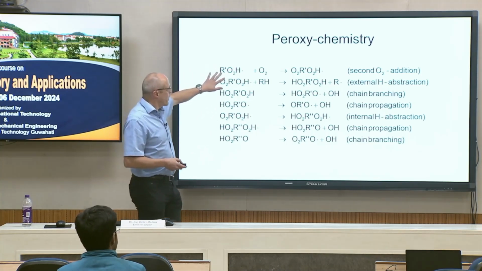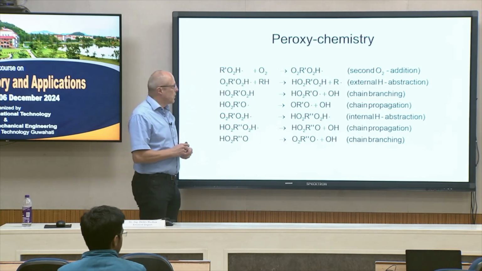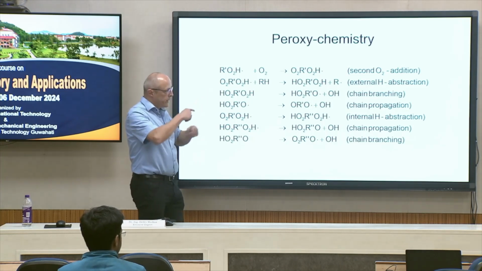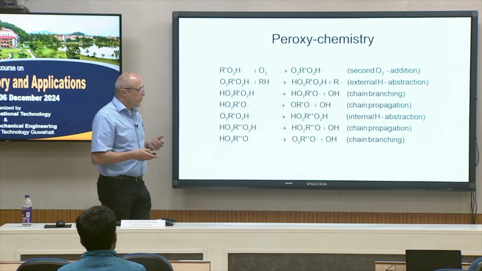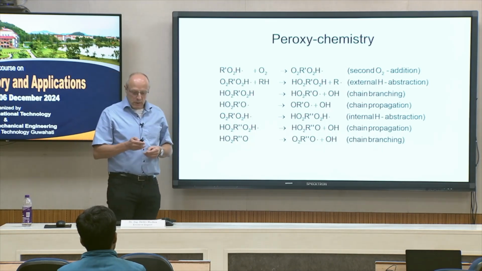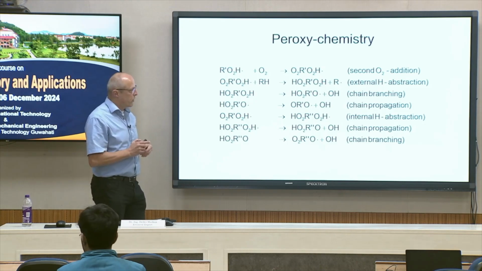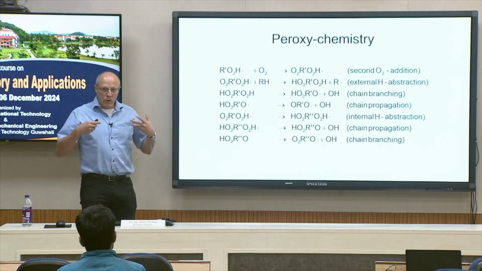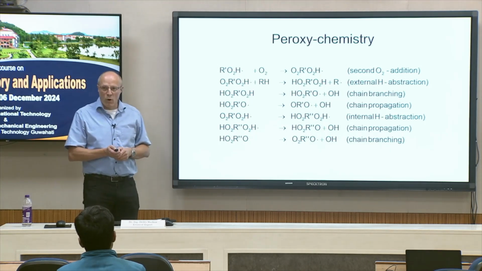You have one peroxide already and add another O2 molecule. So we have some internal reconfigurations. You have chain branching, chain propagating. So it's very, very complex, and we will see it, I think, tomorrow with an example. These mechanisms then become, of course, bigger and bigger because you have to consider more and more species.